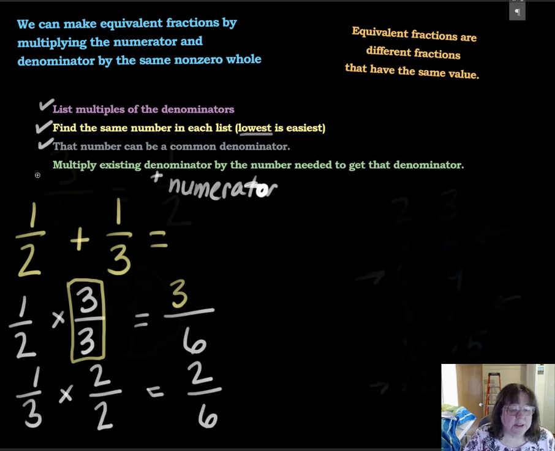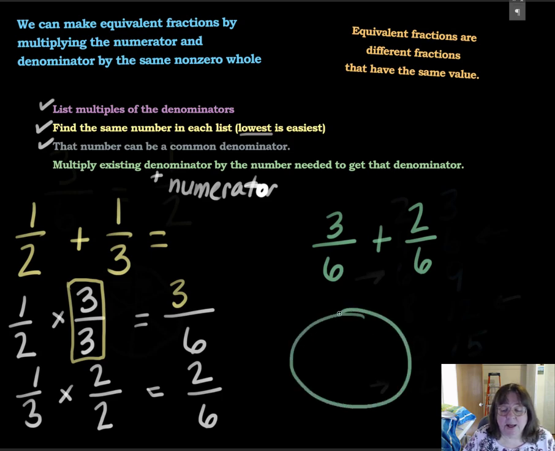Okay, so instead of 1/2, we have 3/6. They have the same value, different fractions. Instead of 1/3, we have 2/6. Same value, different fraction. And again, we could illustrate that. We've got 6 pieces here.